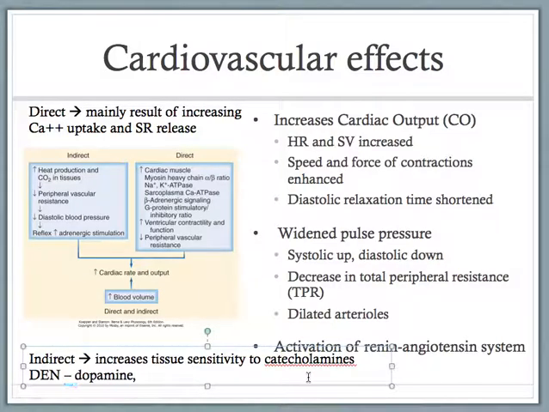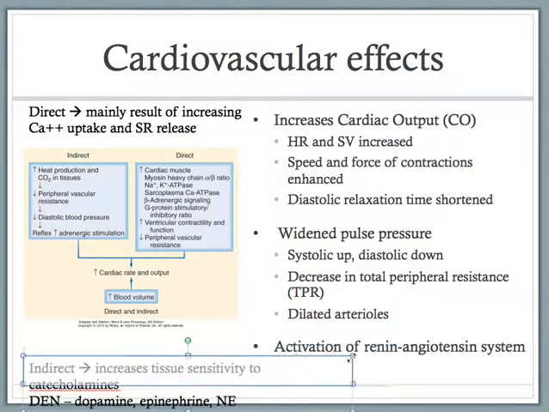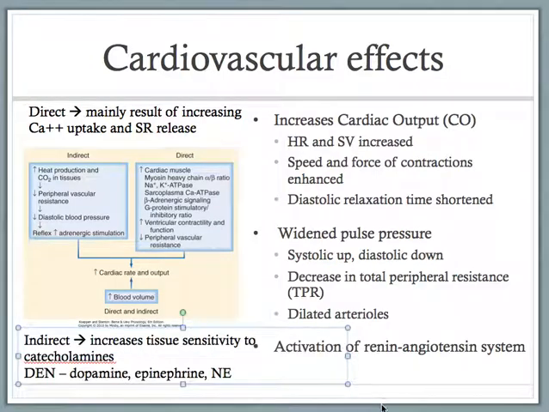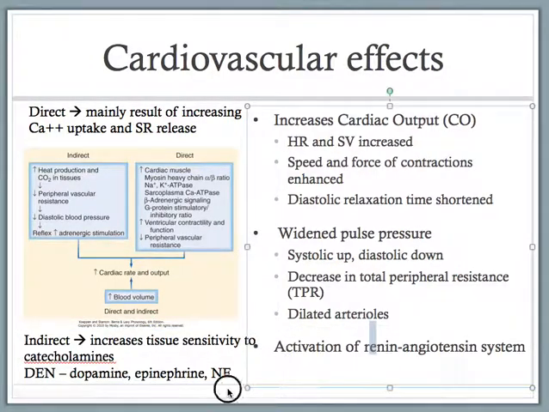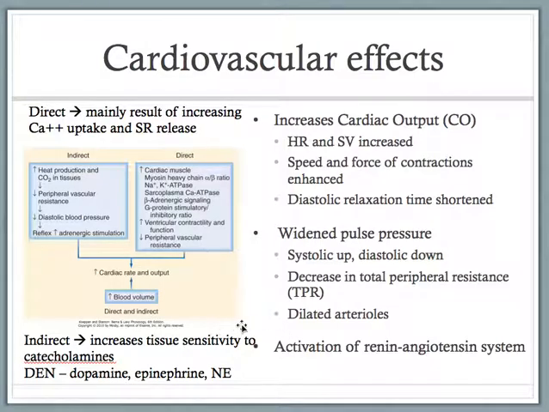So dopamine, epinephrine, and norepinephrine. Those are your catecholamines. So whenever those things are around, they're going to bind more effectively to their receptors, those alpha and beta receptors. So that's one thing that they do, and that's a little bit more indirect because they don't directly cause that. It's just whenever they're released into the bloodstream, that's the resulting effect for catecholamines to be more attracted to their receptors.